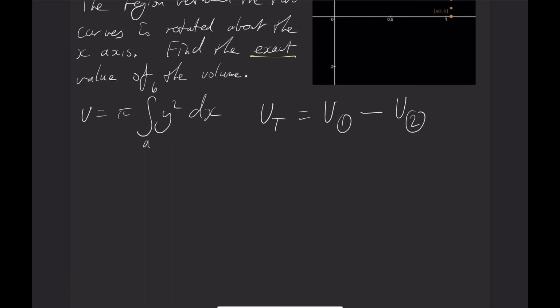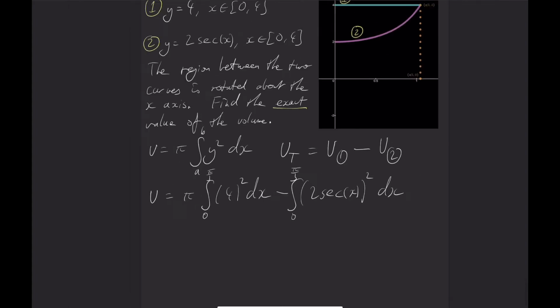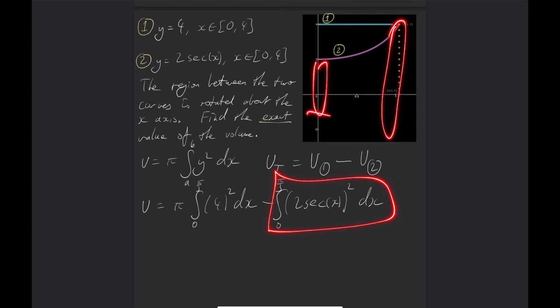Our volume is equal to pi times the integral from 0 to pi on 3 of 4 squared dx minus the integral from 0 to pi on 3 of (2 sec x) squared dx. This part here is the volume of this cylinder, and I'm taking away the volume of this cone.